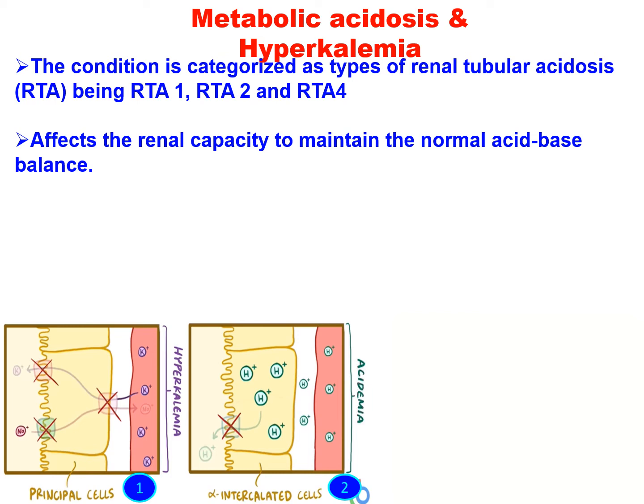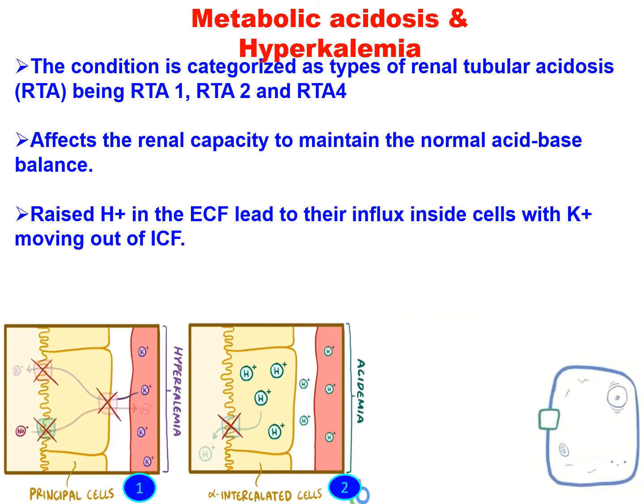In another mechanism, acidosis causes influx of hydrogen ions inside the cell in exchange for potassium ions, which move out of the cell and lead to a rise in blood potassium concentration. The condition is further aggravated in diabetic ketoacidosis.